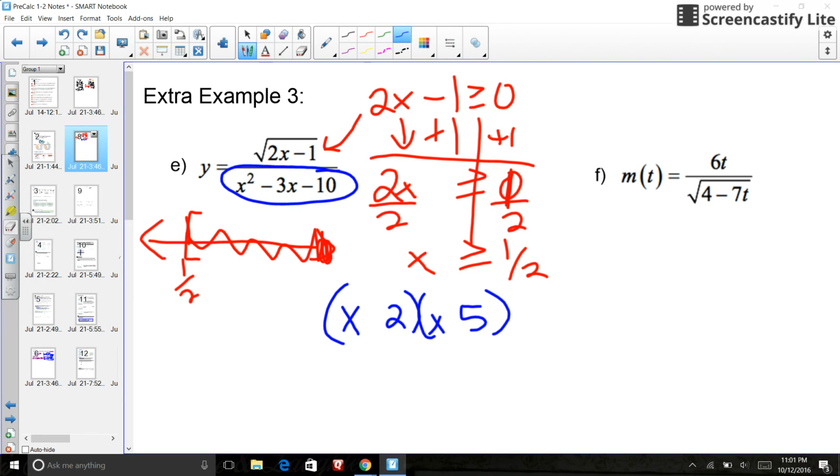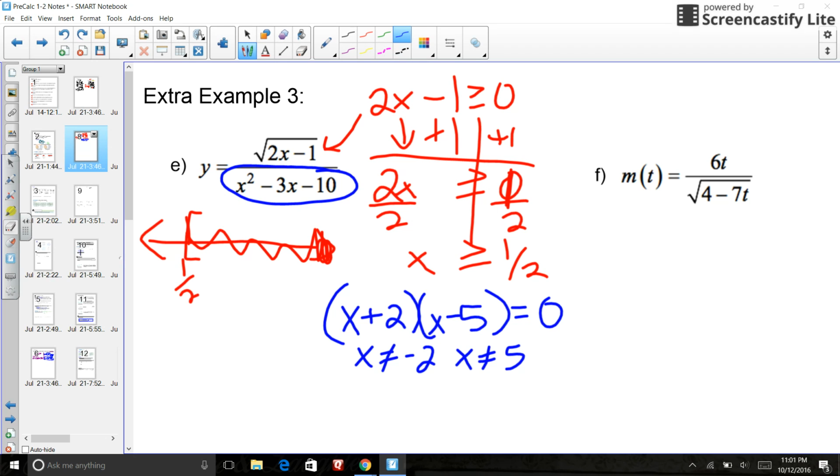Then I decide what has to be negative, the 5 or the 2. The 5 has to be negative. So if I'm setting that equal to 0, I know that x can't be negative 2 and x can't be 5. Then I'm going to look back at this graph.